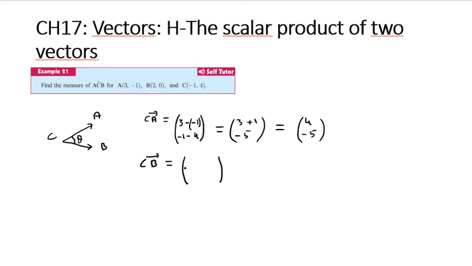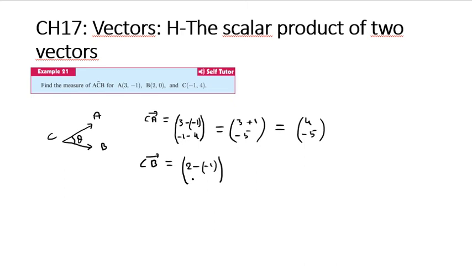So for the x component of the vector, we do the x coordinate of the point B, so 2, minus the x coordinate of the point C, which is minus 1.